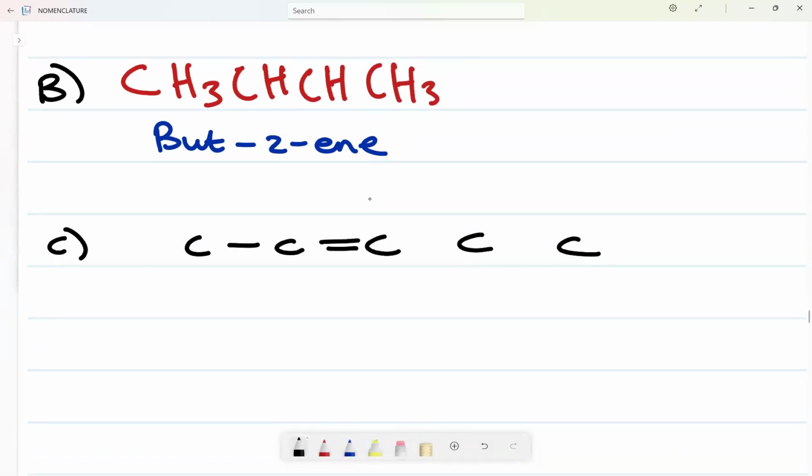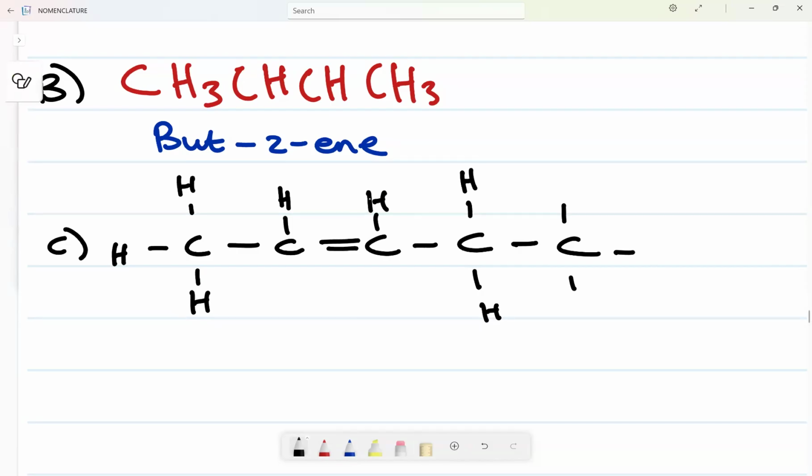So this will be like that, like that, like that. You should be careful of the hydrogen bonds. Here I'm putting 1, because can you see it is already 1, 2, 3, 4 on this carbon.